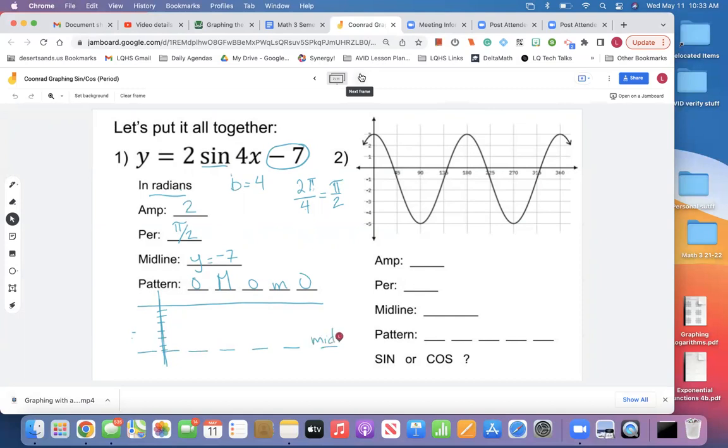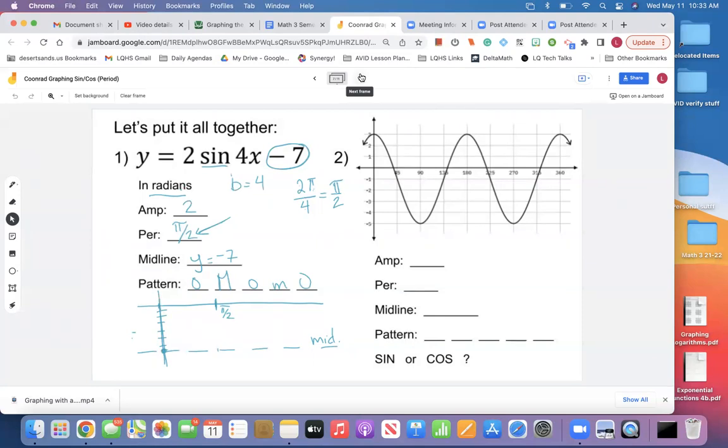Okay. I know the amplitude is 2, but importantly, I know that the period is pi over 2. So I'm just going to pick a spot right here that says pi over 2. And I need 5 points. The first one is at 0. Okay. So I need to have my 0. And then I need the 3 points in between 0 and pi over 2.